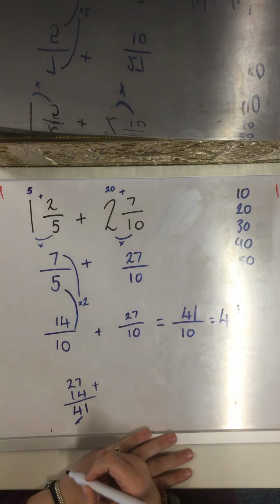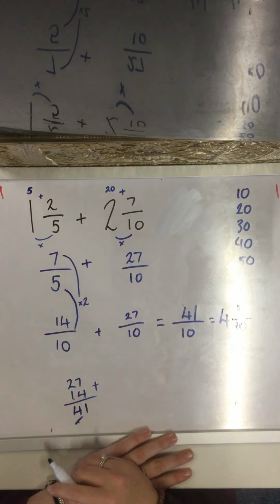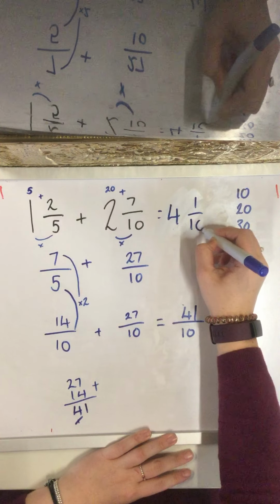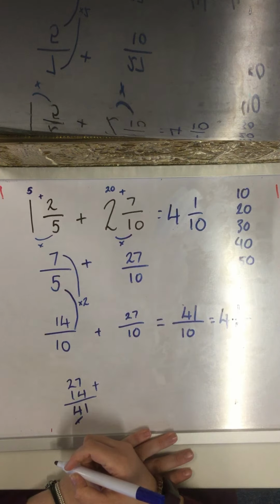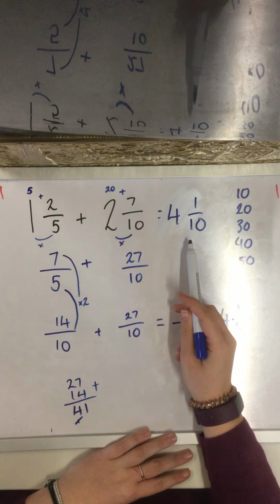Well, that's 1. And I always keep my denominator the same. So we end up with 4 and 1/10 as our answer. We always have to make sure that we simplify it, but we cannot simplify 1/10. 1/10 is the smallest it can possibly be.